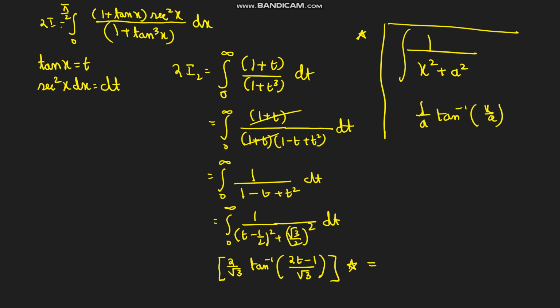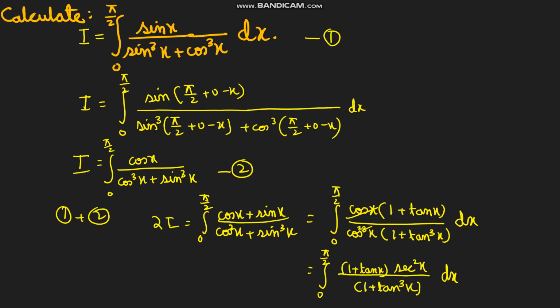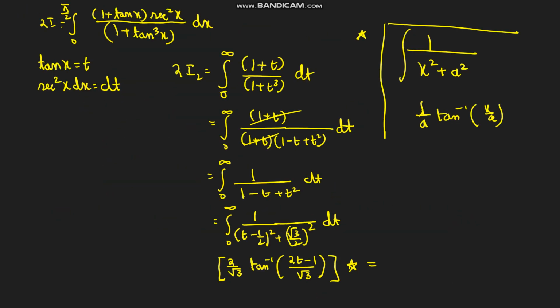Now we have to put the limits from 0 to infinity. So 2I equals 2 by root 3 times the values.